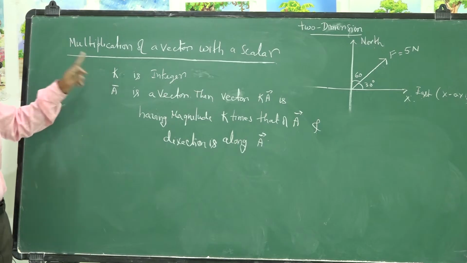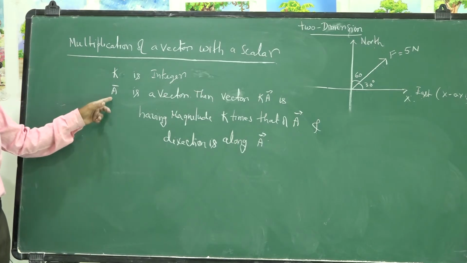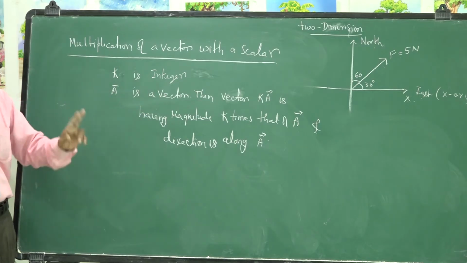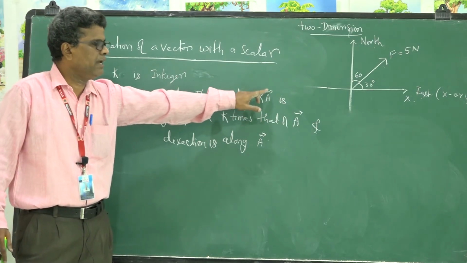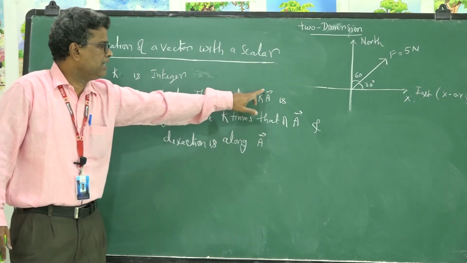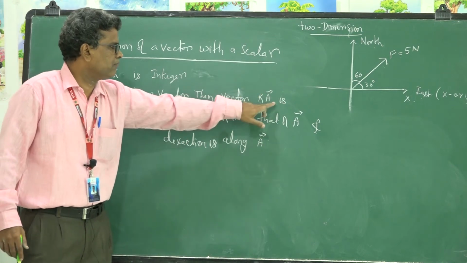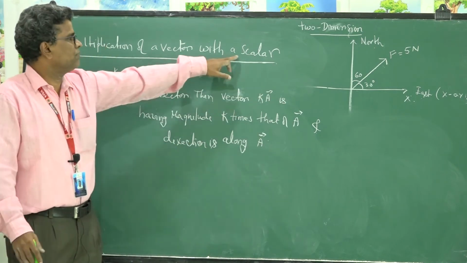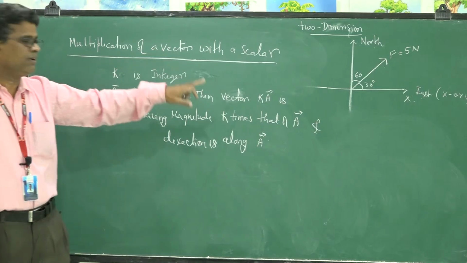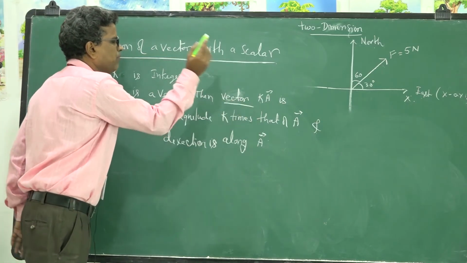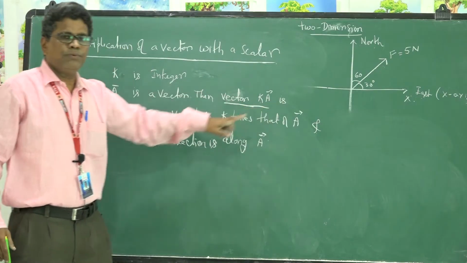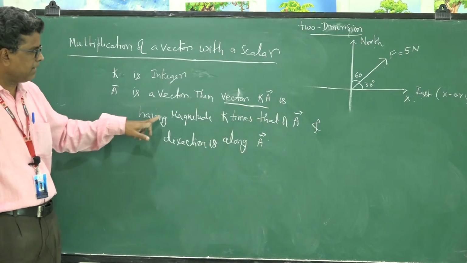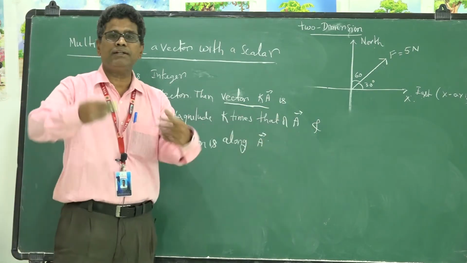If k is any integer and a bar is a vector, then multiplying this scalar k with a bar, k a bar is a vector. If a scalar is multiplied with a vector, you will get a vector. It has magnitude k times that of a.